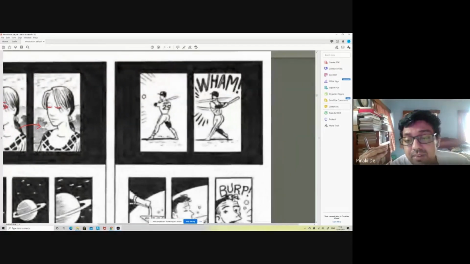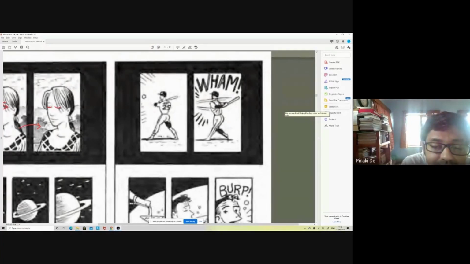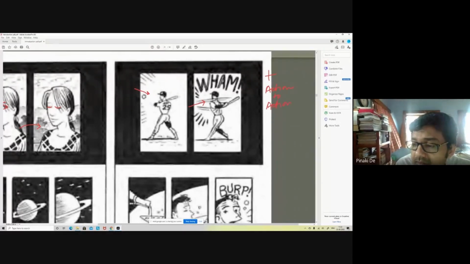The next kind of transition is called an action to action transition. Say, for example, the ball is coming and then the batsman hits the ball. Again, of course, there is a change in time. There is a moment to moment transition, but you are also adding action, right? So first of all, you have moment to moment transition, and then you also have action to action transition. These are very simple things. For example, Batul, you remember Batul.